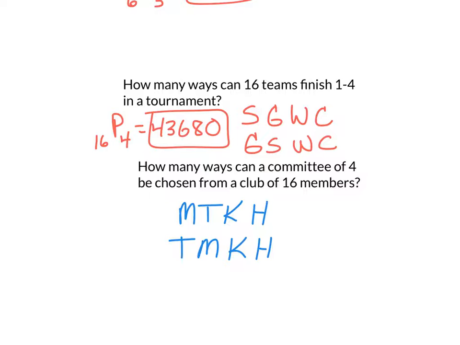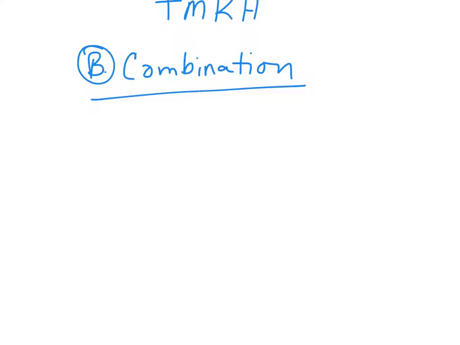Okay, what we're going to need to finish it is a critter called a combination. So let's define a combination mathematically first. A combination can be written 2 ways. You can write C parentheses N comma R, and that reads a combination of N things taken R at a time.